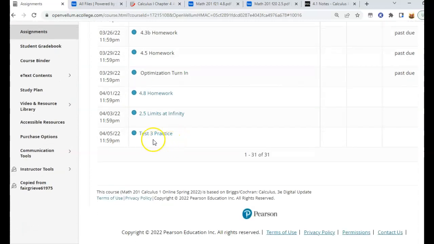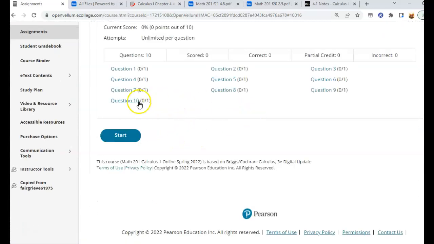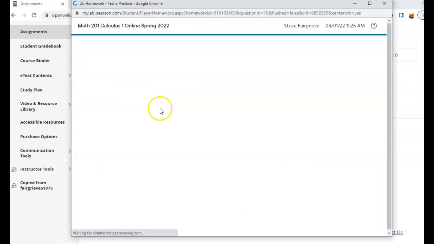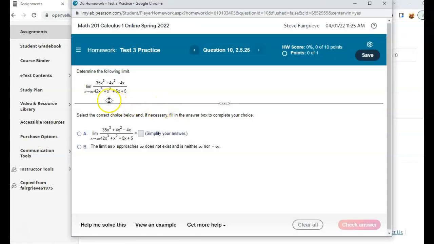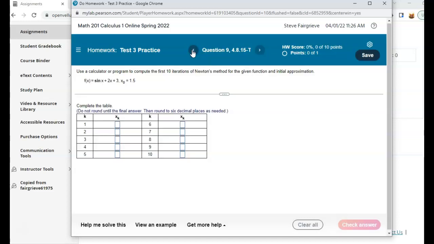You can, again, go through the test 3 practice, and the last one or two of them, I think, are some limits at infinity. So here's an example with the limit going to infinity. So remember, we would divide both top and bottom by the largest power of x, which is x cubed, and then work that out. And here's what I was telling you again with Newton's method.